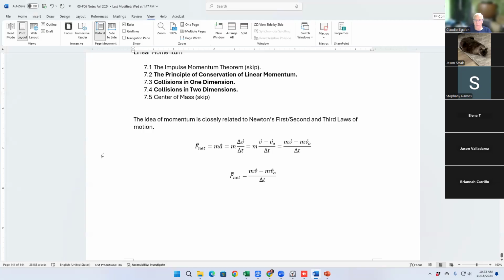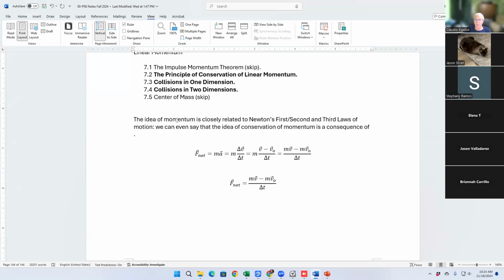Momentum is closely related. We can even say that the idea of conservation of momentum is a consequence of Newton's first and third laws.